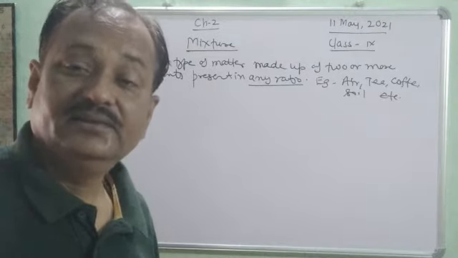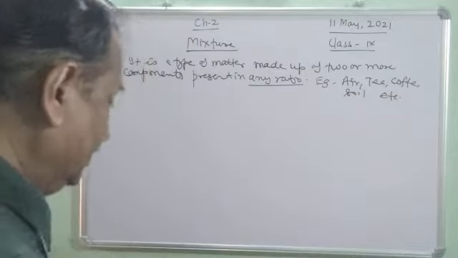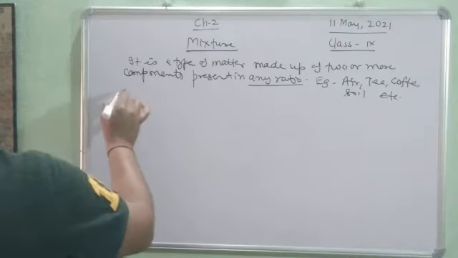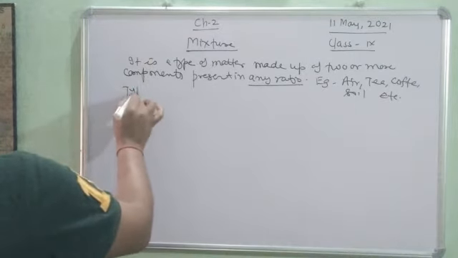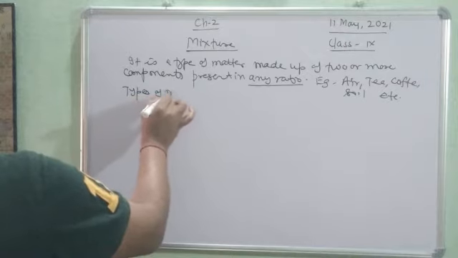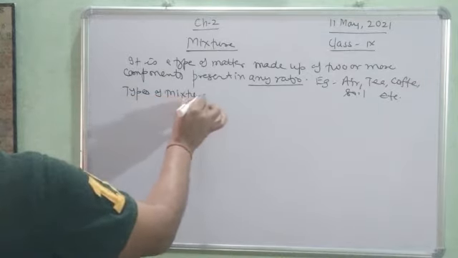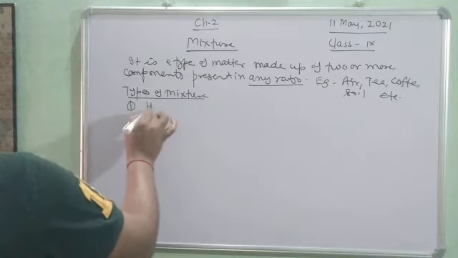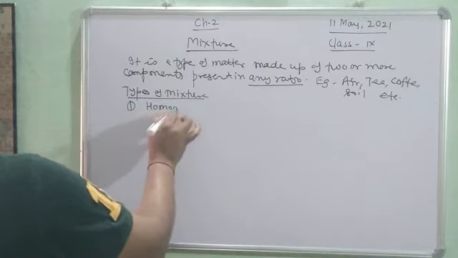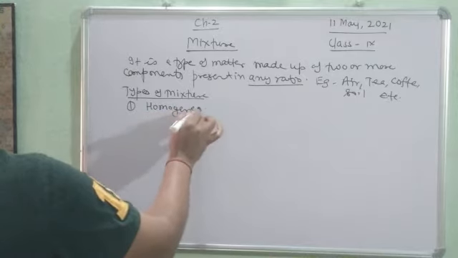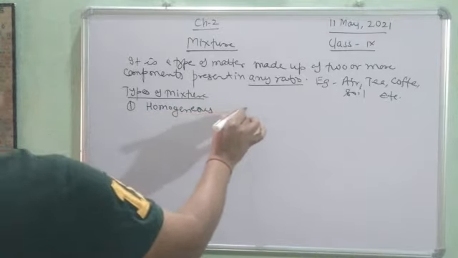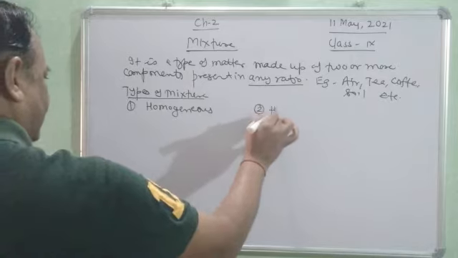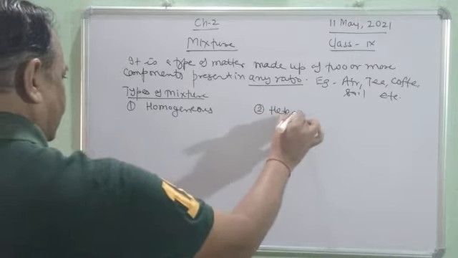Many more substances available around us are mixtures. Now the classification or types of mixture. Children, as you know, mixtures are of two types. First is homogeneous and second is heterogeneous.